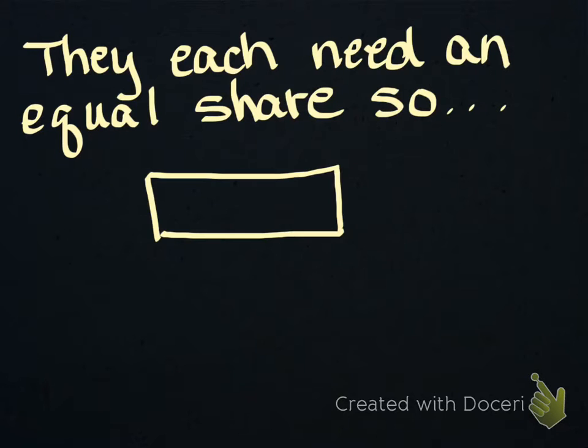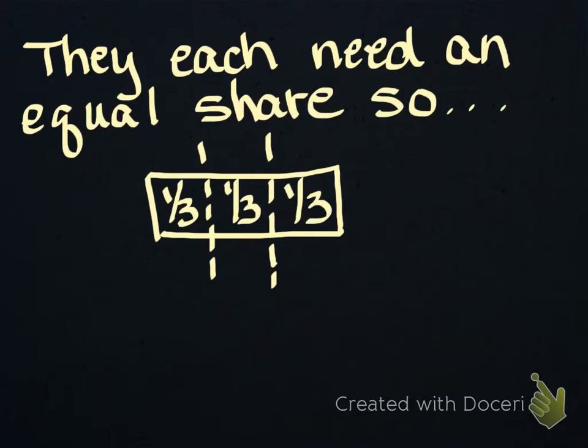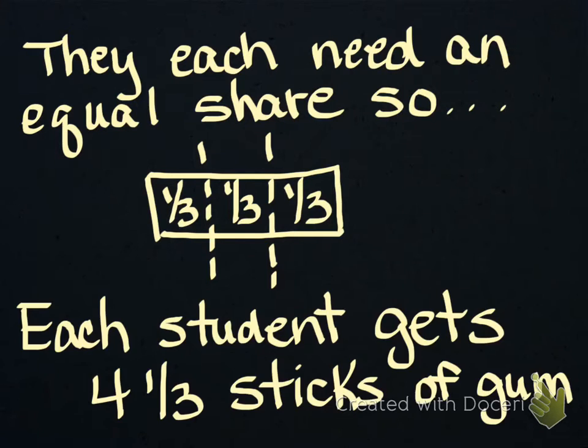So we're going to draw a picture, and we're going to divide that into 3 sections, which will give us 1/3 in each section. So there were 3 people, so that means that each person would get 1/3 of that stick of gum. So they will get a total of 4 1/3 sticks of gum.